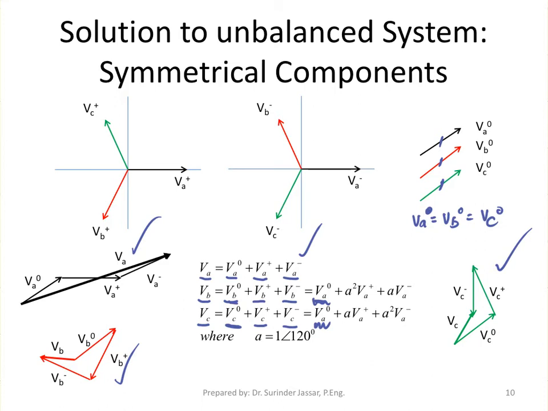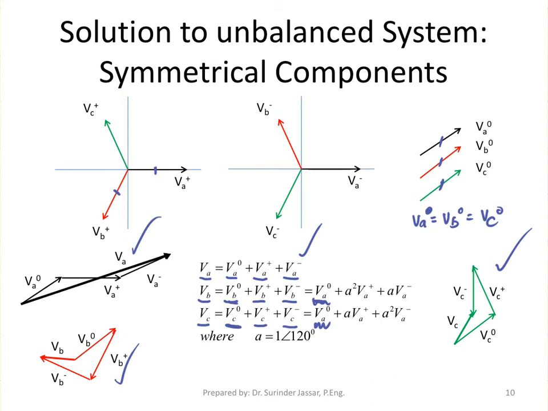What else? So where is VA positive? VA positive is here. And where is VB positive? VB positive is here. Now, what is the phase relationship between VA positive and VB positive?